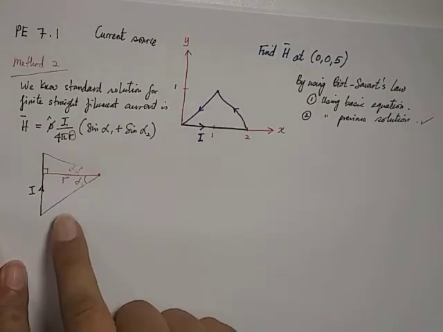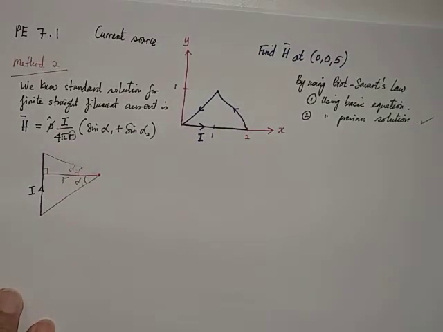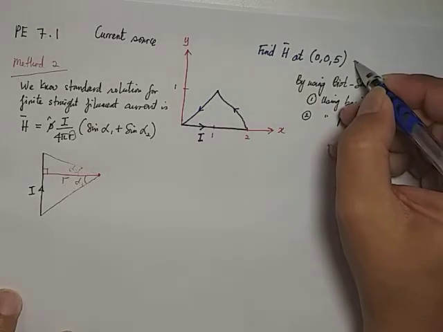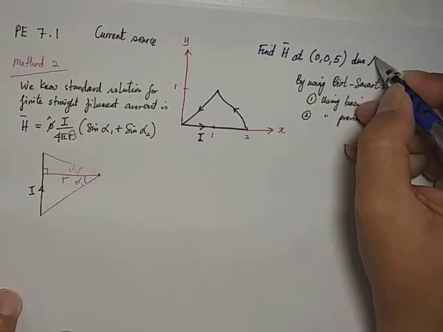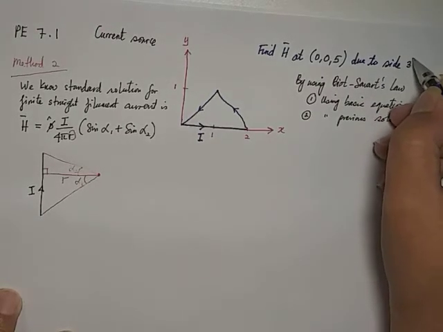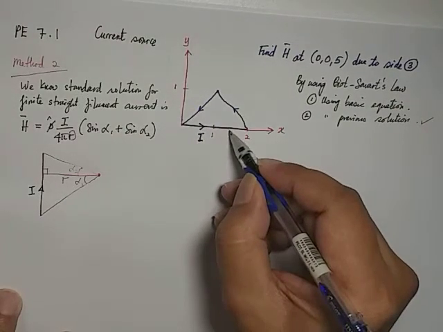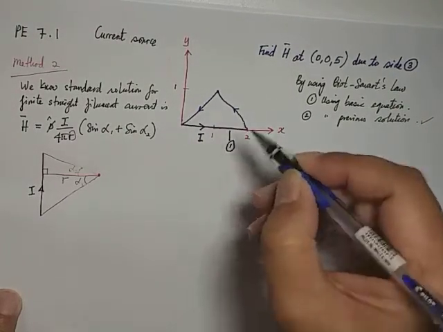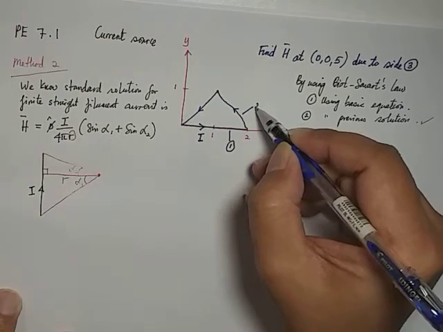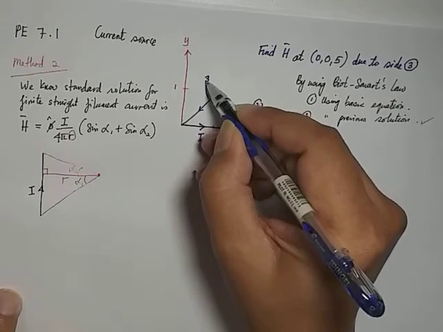Now I have to draw this triangle, so let's draw it based on our problem. I think I have to add something due to side number 3. The question asks purposely for one side. This is side number 1, this particular side is side number 2, and the last side is side number 3.